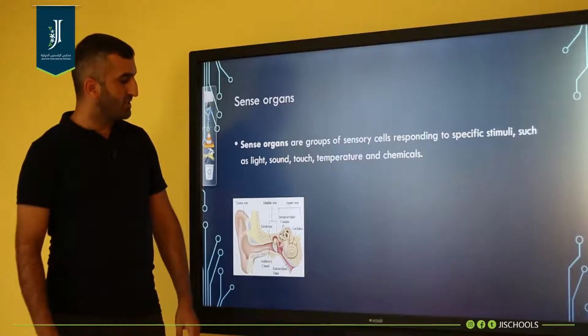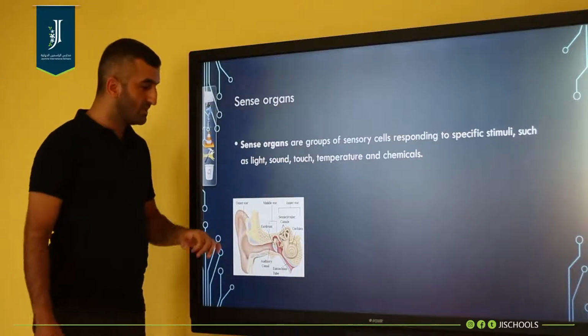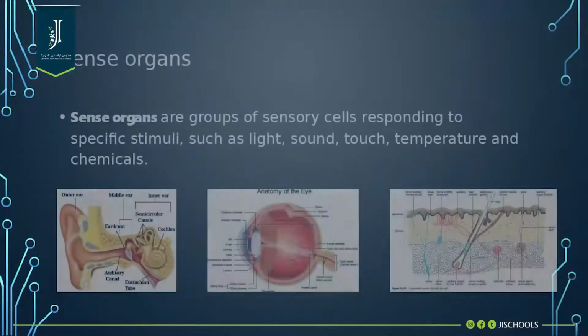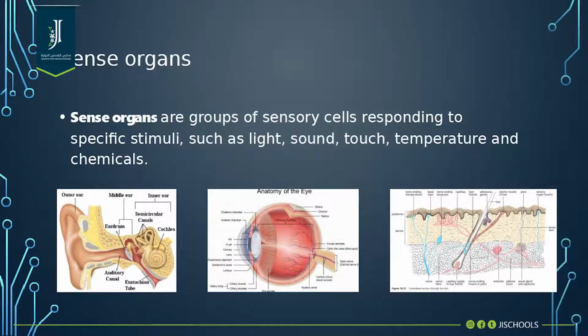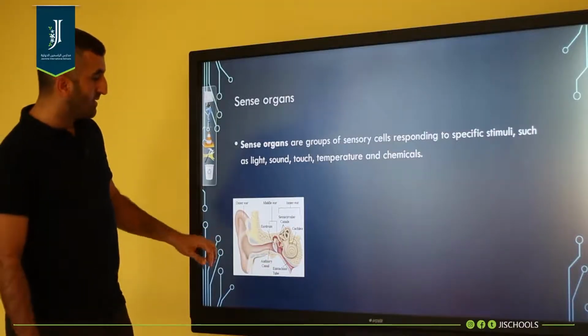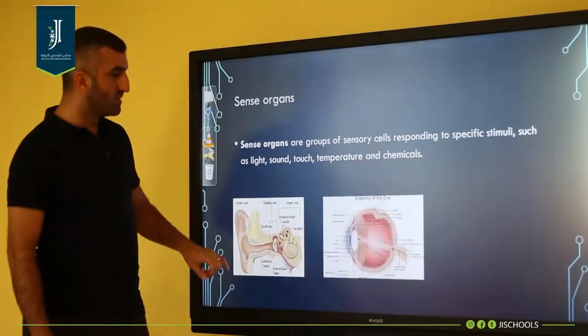We have a wide range, as we mentioned, of sense organs, including the ear. The ear is responsible for two types of stimuli: first of all hearing, the sound, and the second one is coordination of balance, which is being coordinated in the inner ear, as we can see here.